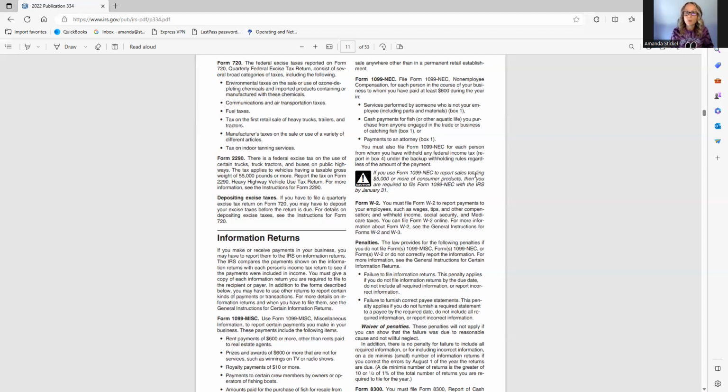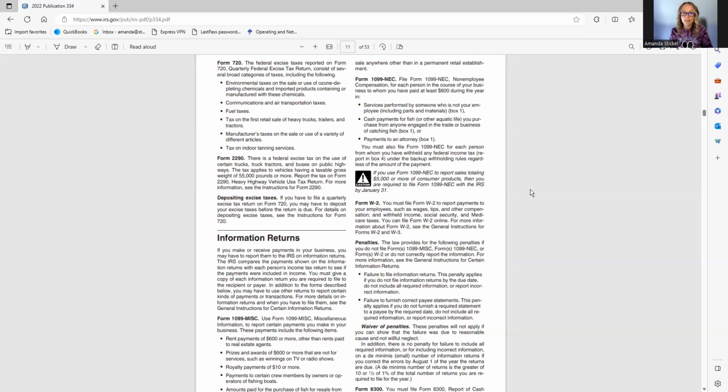You must also file Form 1099-NEC for each person for whom you have withheld any federal income tax, reported in Box 4 under the backup withholding rules, regardless of the amount of the payment. If you use Form 1099-NEC to report sales totaling $5,000 or more of consumer products, then you are required to file Form 1099-NEC with the IRS by January 31st.